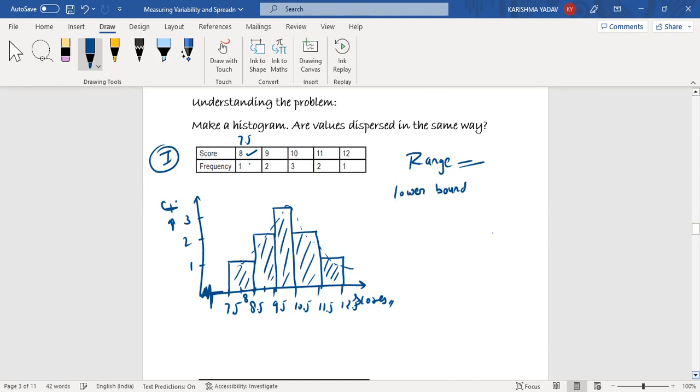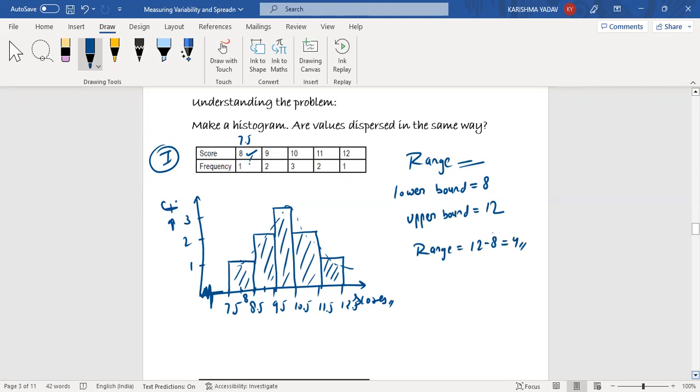The lower bound of this data set is 8. You can clearly see it. And what is the upper bound of this data set? The upper bound is 12, right? So the range is 12 minus 8, which equals 4, right?